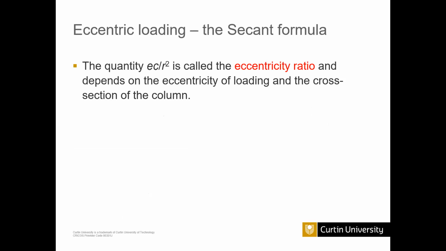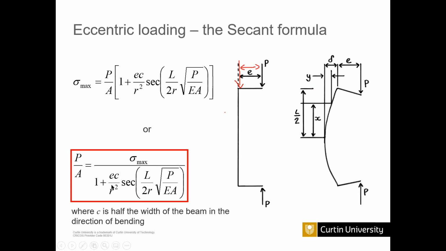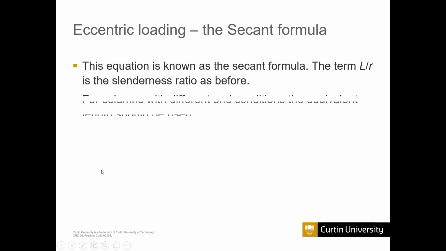Likewise, this eccentricity ratio you need to calculate separately and substitute in this equation. Don't substitute L and R separately, or E, C, R square separately. Do separate calculations, then substitute here. Keep it in mind.